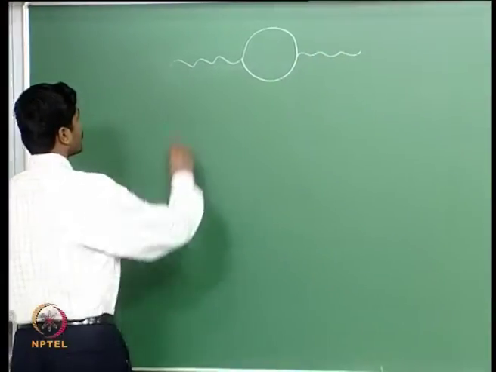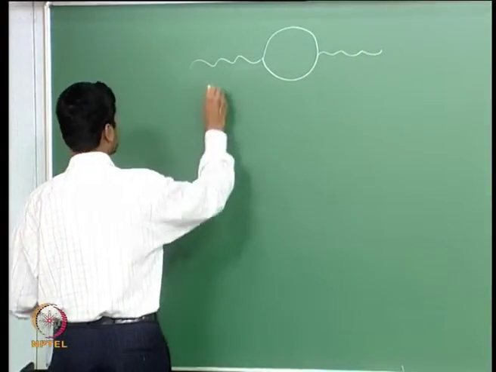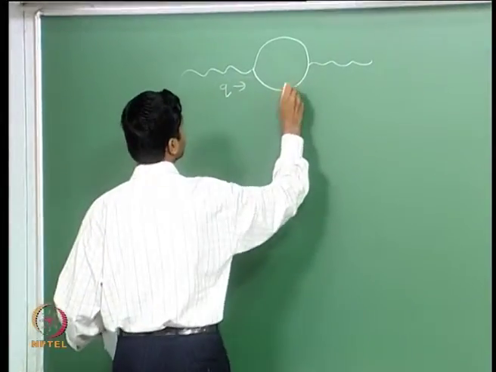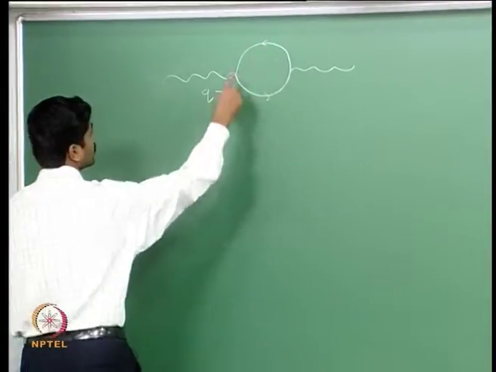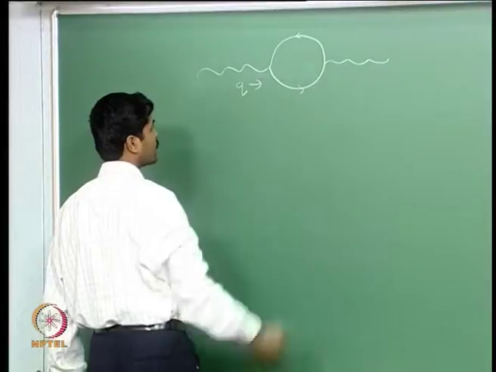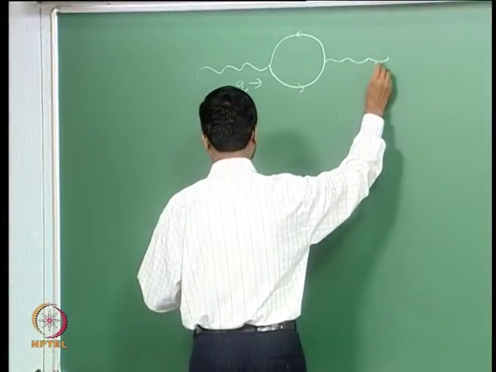You have a virtual photon of momentum, let us say q, and there is a pair created here which is subsequently annihilated, and finally, you again have a virtual photon.